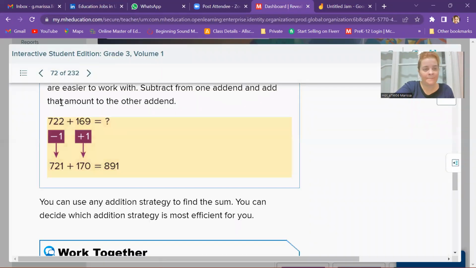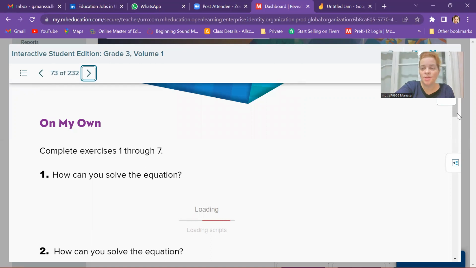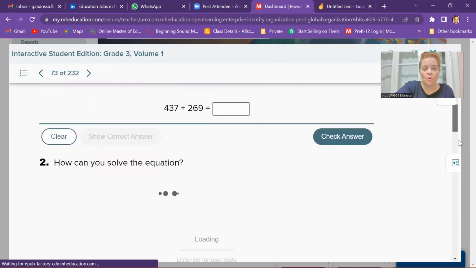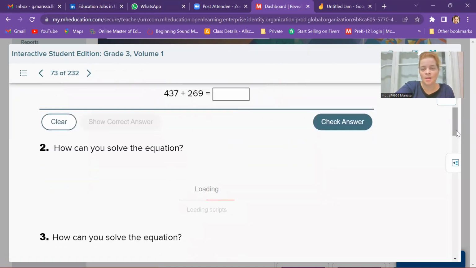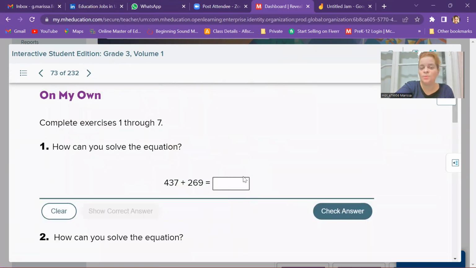Okay, let's look at this next page. So you need to do your own work here. You're going to show your work. Do not just write the answer. I need to see, did you adjust it or use partial sums where you're doing the place value?